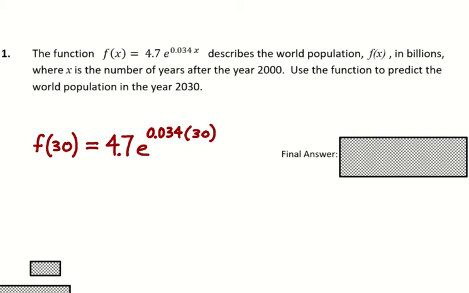And just want to make sure, to minimize the risk of punching something in wrong, that on certain calculators you might have to really make sure that the calculator knows that all of this is going to be the exponent.